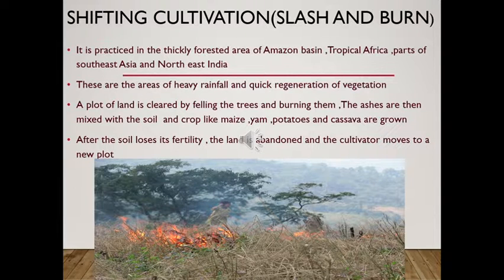These are the areas of heavy rainfall and quick regeneration of vegetation. Shifting cultivation is known by different names in different parts of the world: Jhuming in Northeast India, Milpa in Mexico, Roca in Brazil, Ladang in Malaysia.